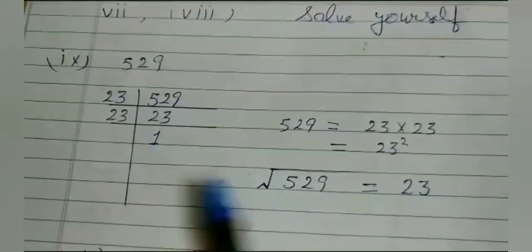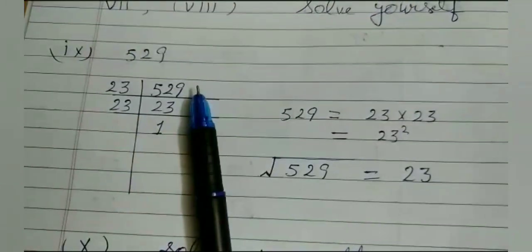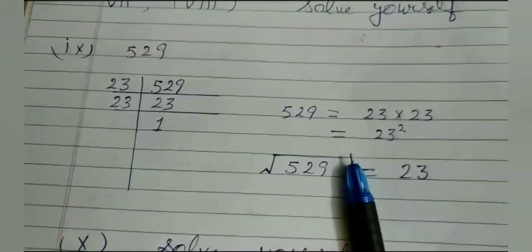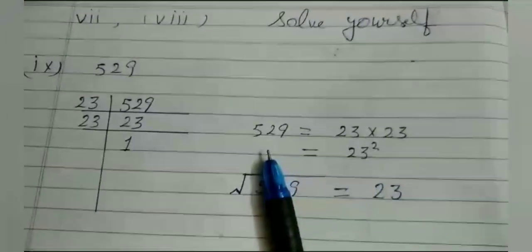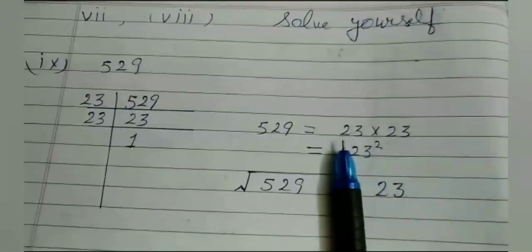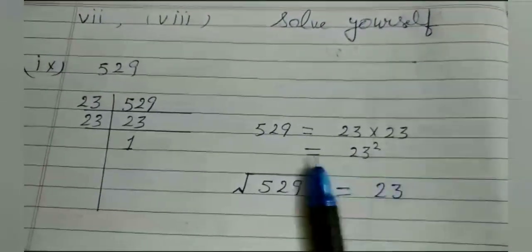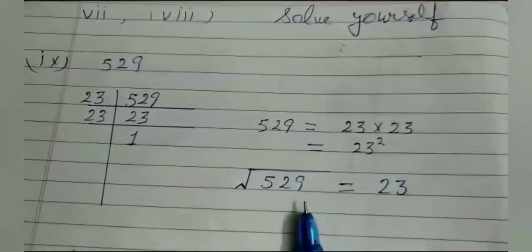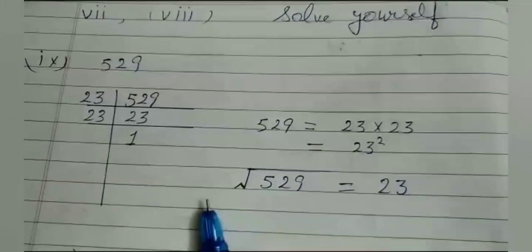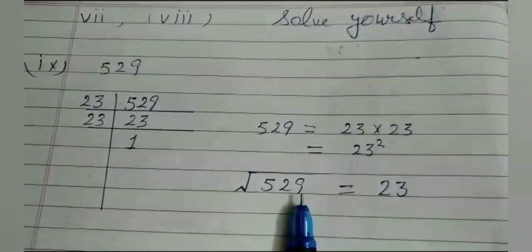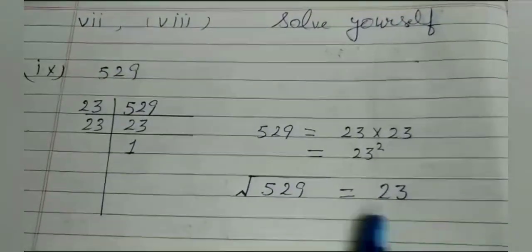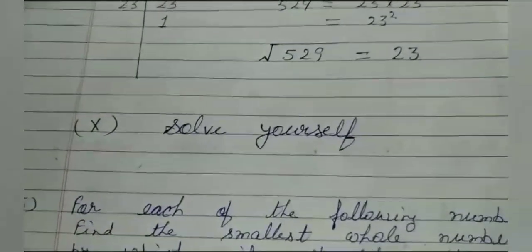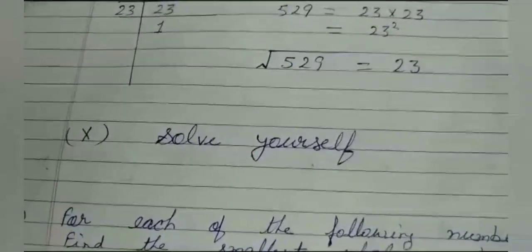So we divide 529 by 23 and we get the factors of 529 are 23 multiply 23, and we can write like this. Last step is square root of 529 is 23. The 10th part you can solve yourself.